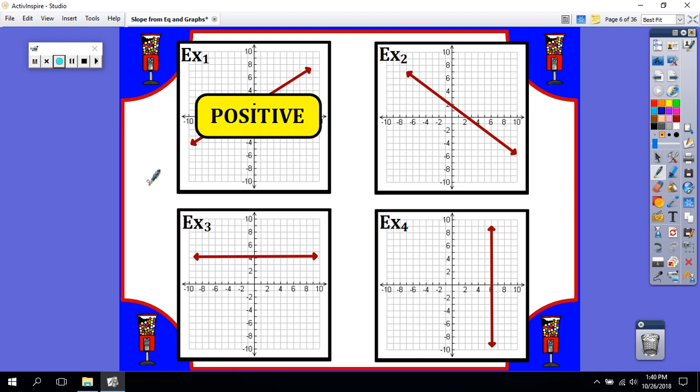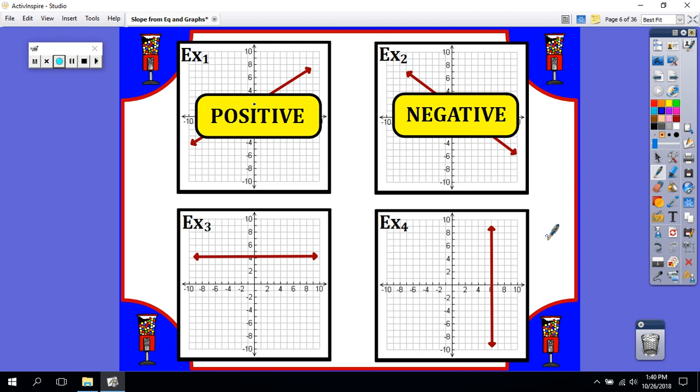Underneath the graph on your paper, write positive. Example 2. You start on the left side of your graph, and as you move towards the right, it's going which direction? Downhill. So this one has what type of slope? Negative slope. Underneath that graph, please write the word negative.